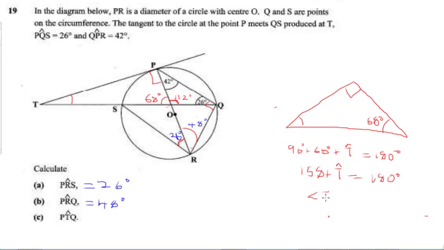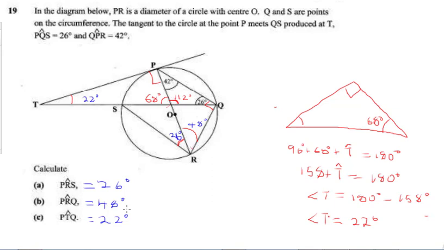So angle T is therefore equal to 180 degrees minus 158 degrees. And therefore angle T is equal to 22. So we've got 22 degrees. So for angle T, we have 22 degrees. So PTQ is equal to 22 degrees.